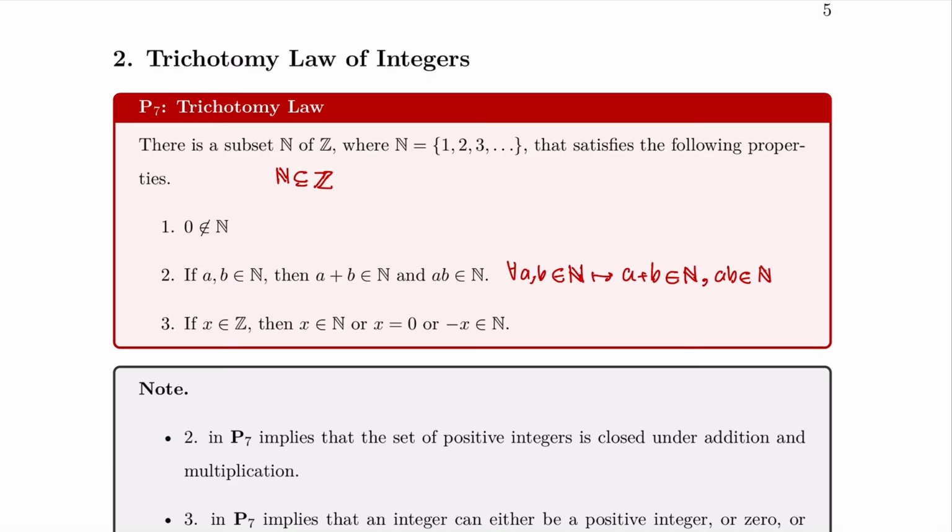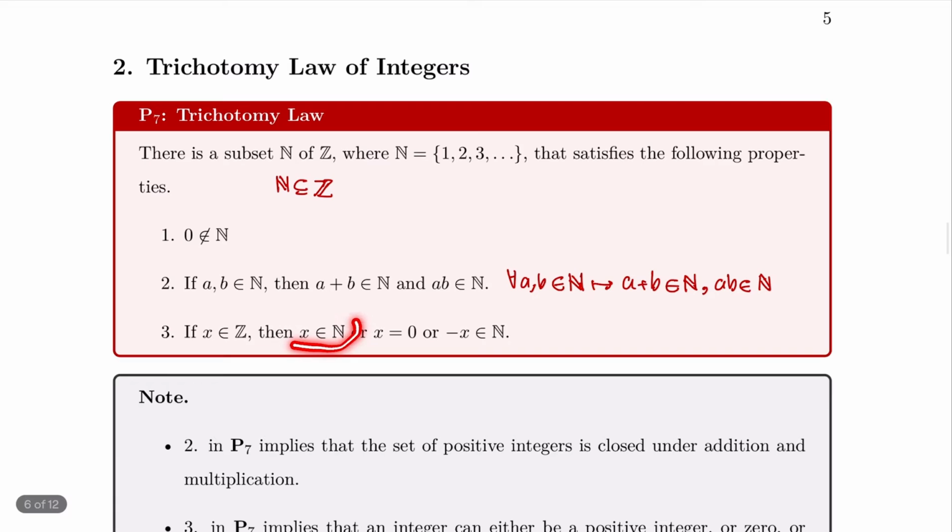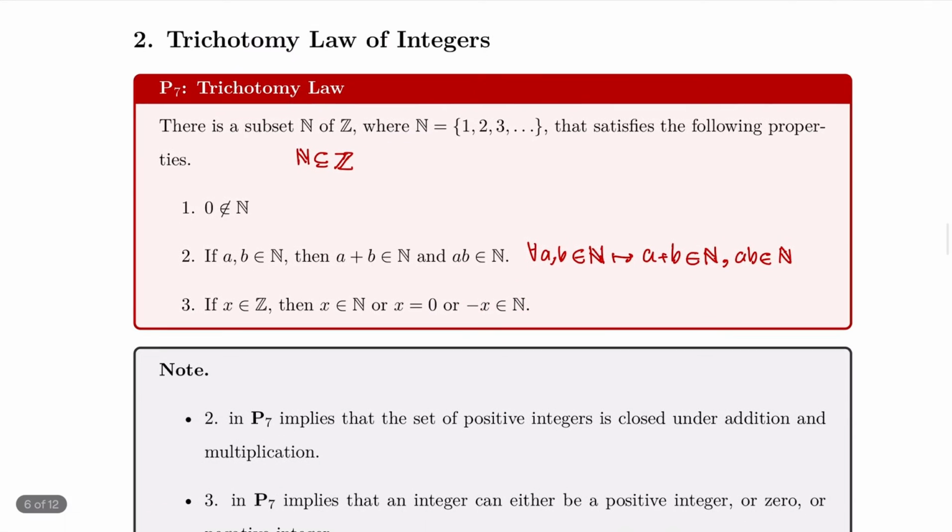And the third one, if you pick one element x from the set of integers, we can say that x is in the natural numbers, or x is 0, or negative x is in the set of natural numbers, meaning x is less than 0.